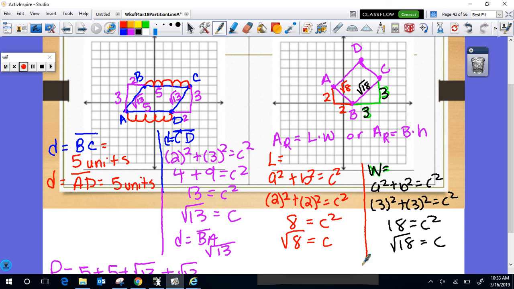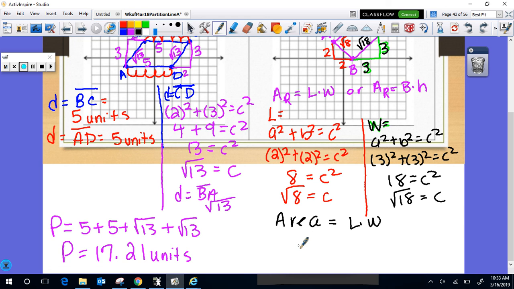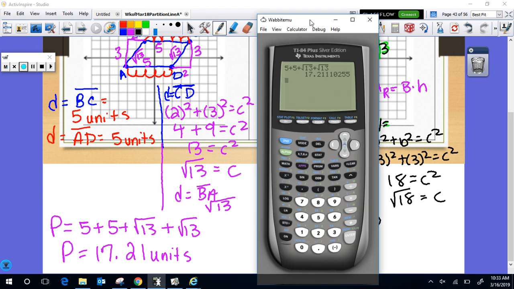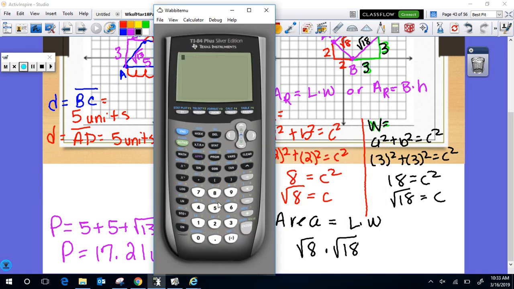We found what we needed now. So now I can go back to the area of my rectangle. It's length times width, or base times height. So we get area of a rectangle equals length times width. You're going to take these two: the square root of 8 multiplied by the square root of 18, and we're going to grab our calculator and see what that answer is.